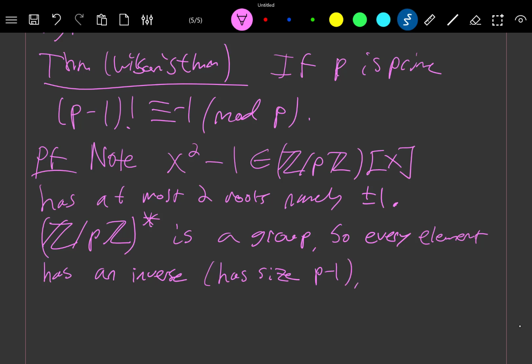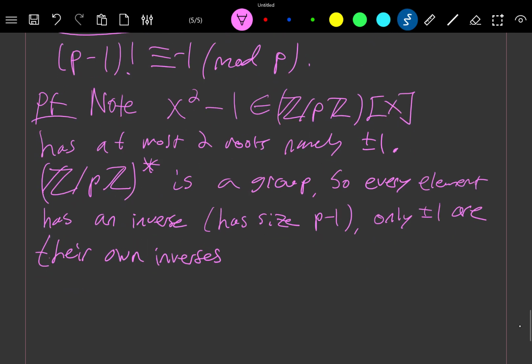Every element has an inverse, and the above shows that only plus and minus 1 are their own inverses. So we know plus and minus 1 are their own inverses.